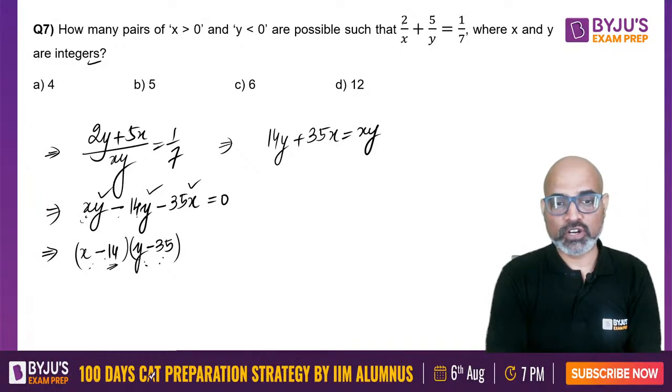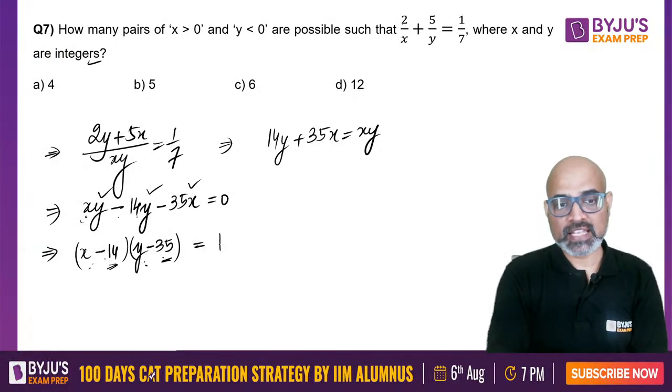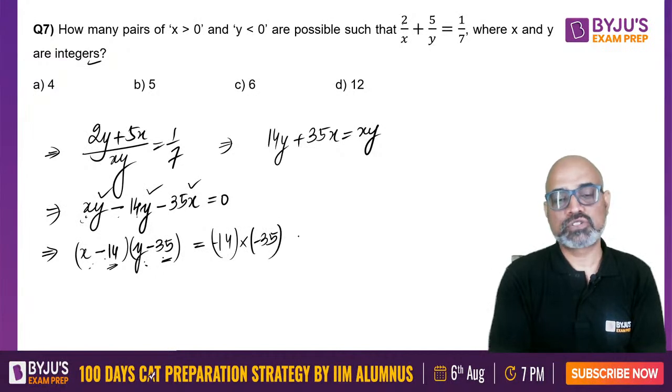And minus 14 into minus 35 will also be a number on the left hand side. So can we say that minus 14 into minus 35 I should write on the right hand side also, which is nothing but 14 into 35.